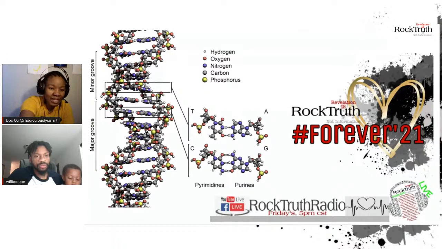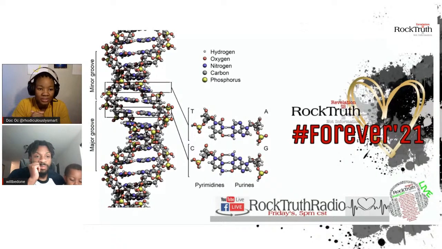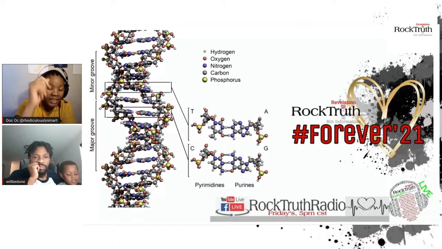And the side it shows here is a major groove and a minor groove. That's characteristic of all DNA chains, and is formed by the way that the protein chains on the side fit together. And so, as you can see, I love that this is color coded. That's why I picked this picture, so that you can see the abundance of each element within a given DNA chain.